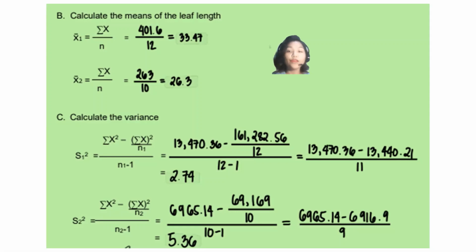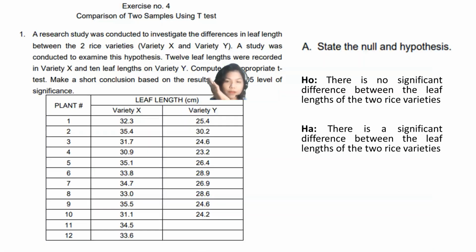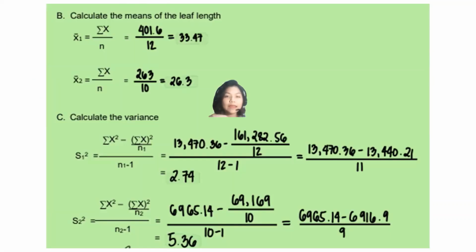So we have 33.47 here. Then we use the summation of x again for the second mean over n. So it's 263, which is the summation of these values for variety Y, divided by 10 because we only have 10 leaf lengths. So the answer is 26.3.